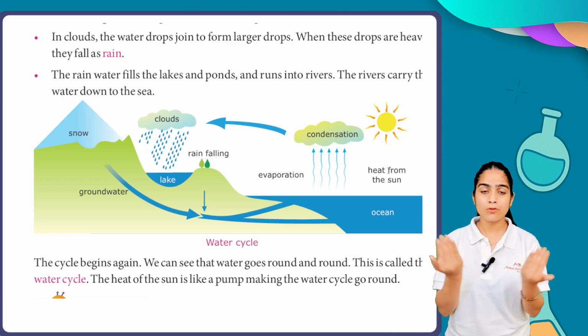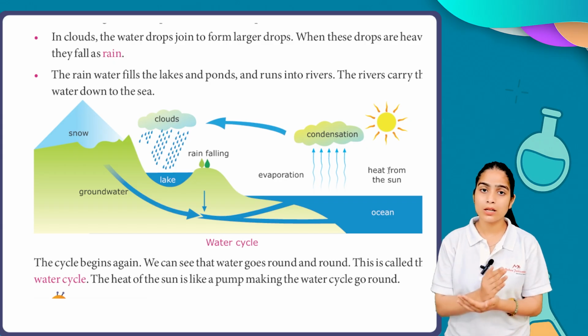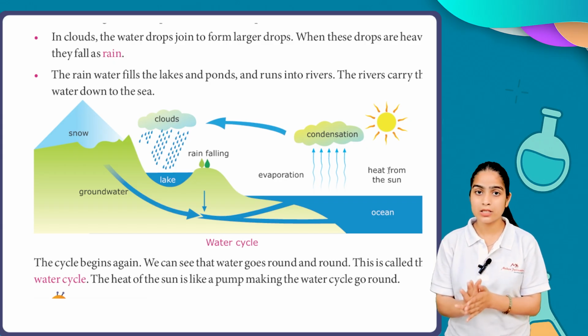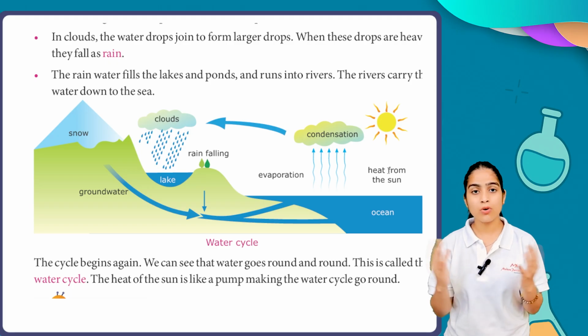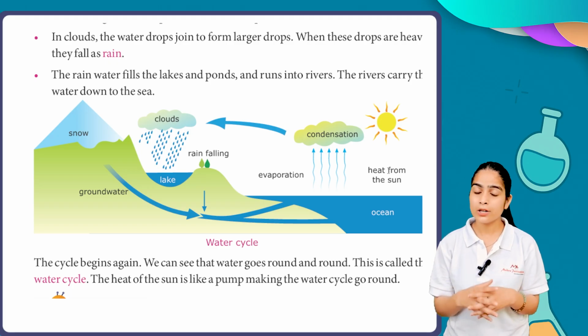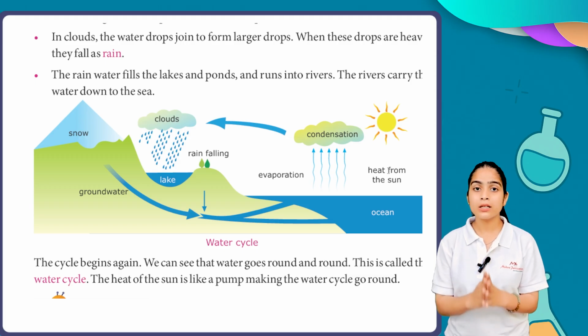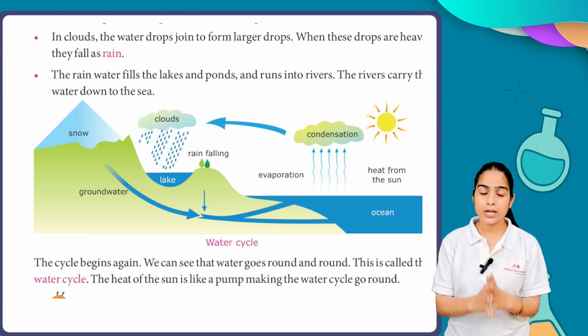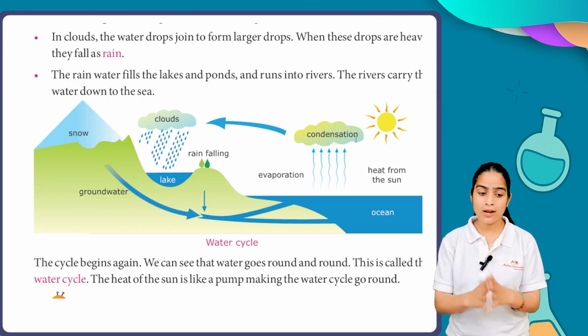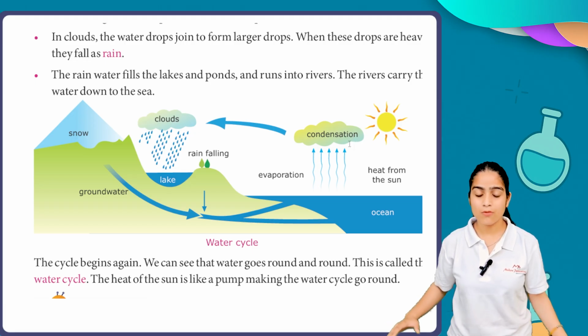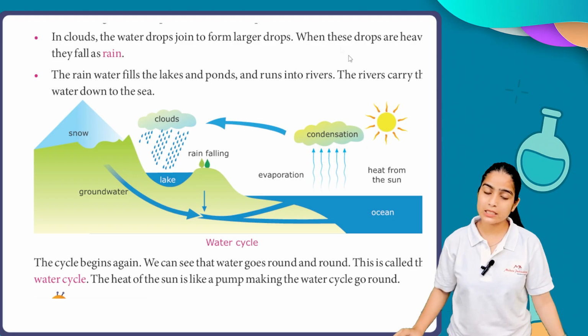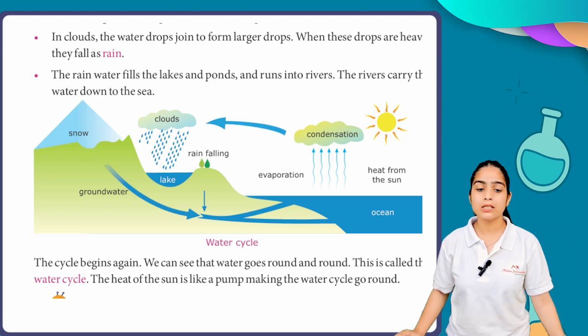When the water vapors cool down, it is known as condensation. After condensation, all the water drops link to each other, forming a heavy and big cloud, and when the cloud gets heavy, it leads to rain. And again the same process repeats, that is why we call it the water cycle.